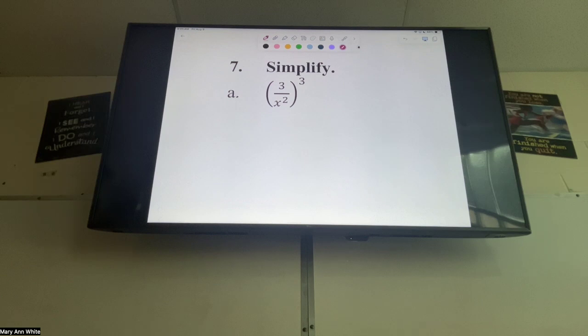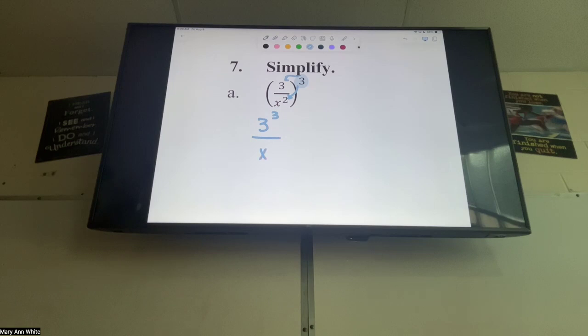Okay. If I look at letter A, do you remember what I do with this exponent of 3? I'm going to like distribute it in, right? I'm going to give it to everything. So I'm going to have 3 raised to the 3rd. And then x squared to the 3rd, am I going to add or multiply those exponents? Multiply, very good.